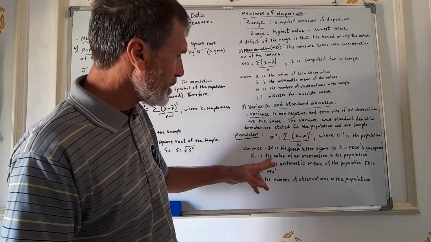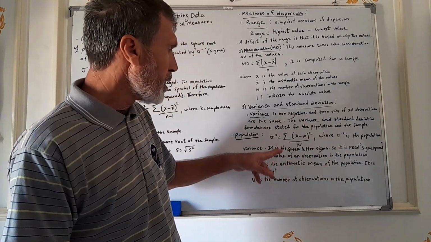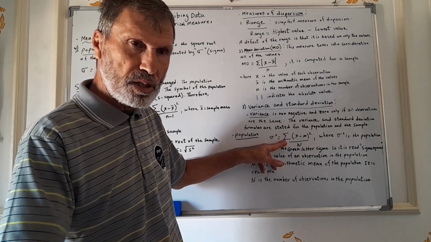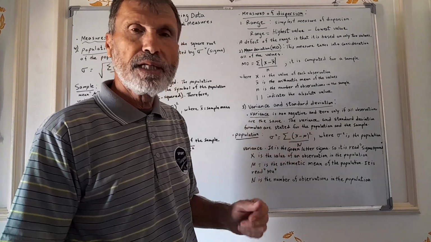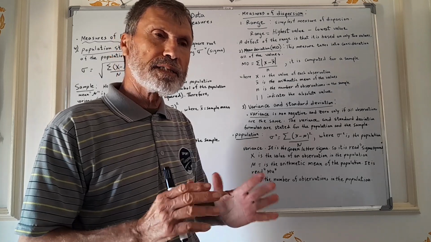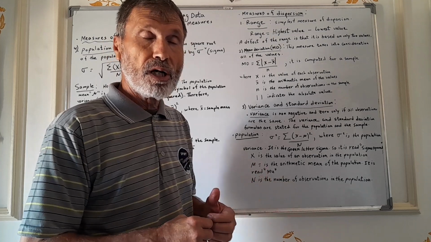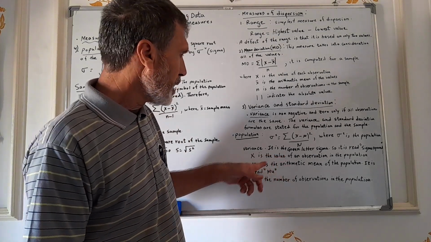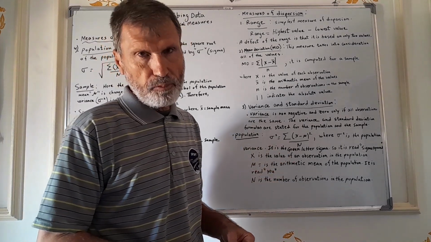As you can see, x is the value of an observation in the population, where the capital sigma, of course, stands for the summing of the values. Mu stands for the mean, or the average, the arithmetic mean of the population, and n is the total number of observations in the population.